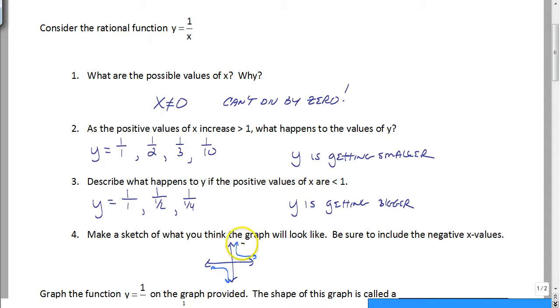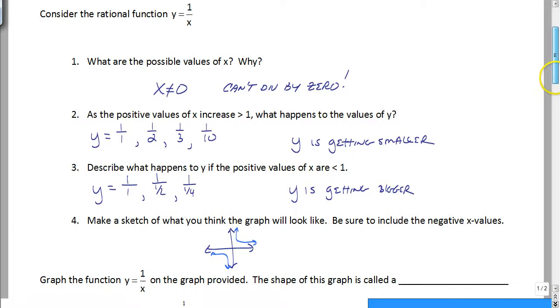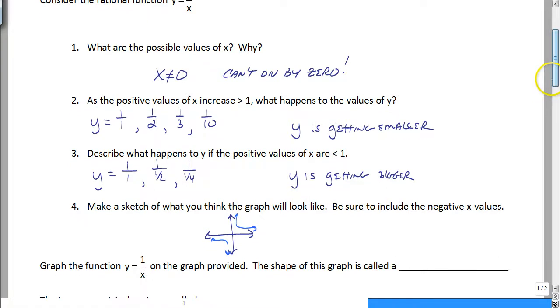That's the shape, because look, as x increases, remember, y gets smaller. As x gets smaller, but still positive, we said it got bigger. And of course, that would happen in the negative zone as well.